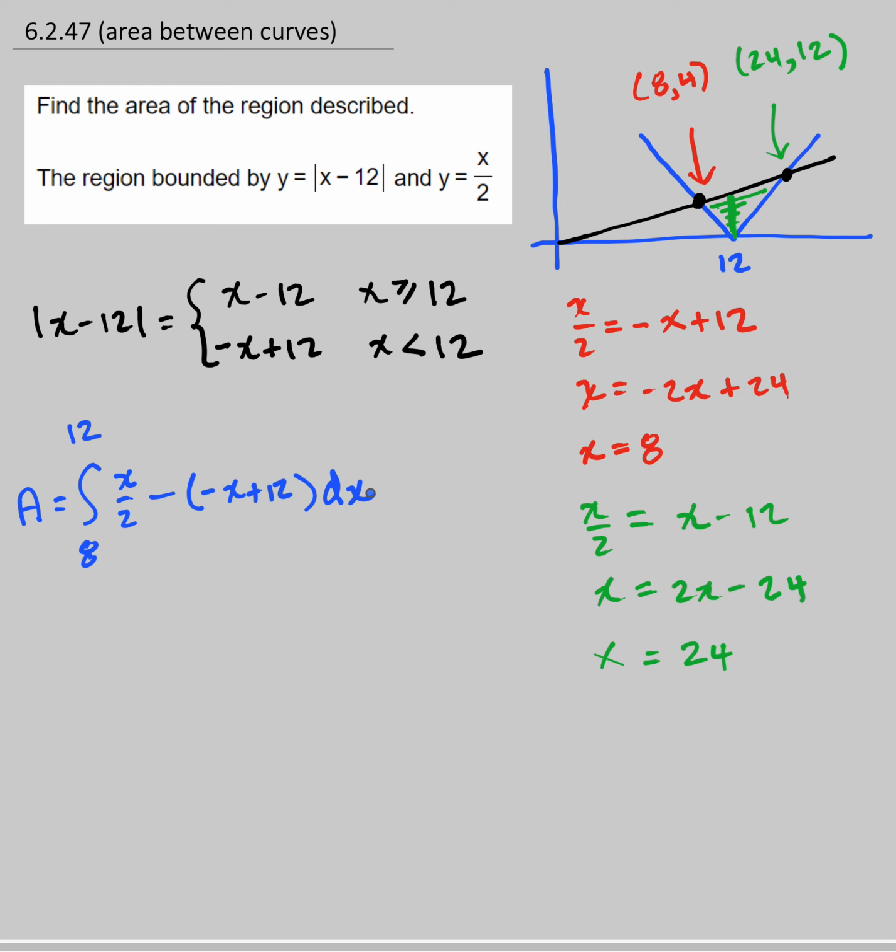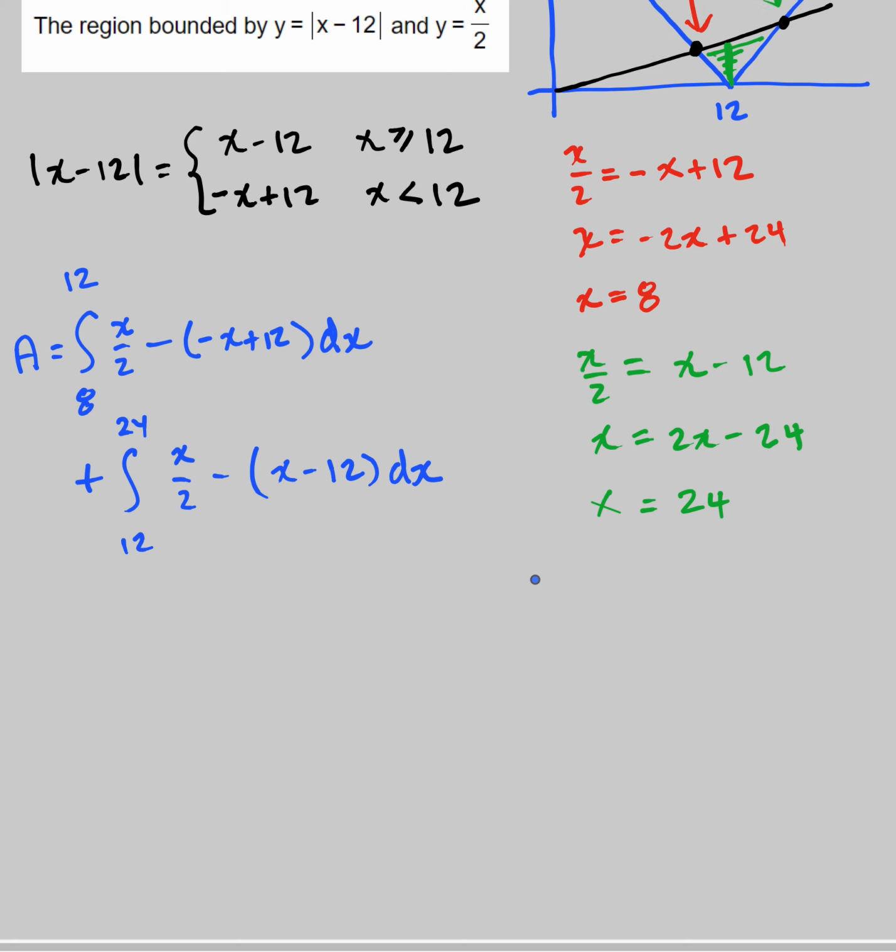So that's going to find the left-hand portion of that area. And then we're going to have to add the integral from 12 to 24. Once again, the upper function minus the lower function. The lower function to the right of 12 is x minus 12, dx. So that's where we're at.